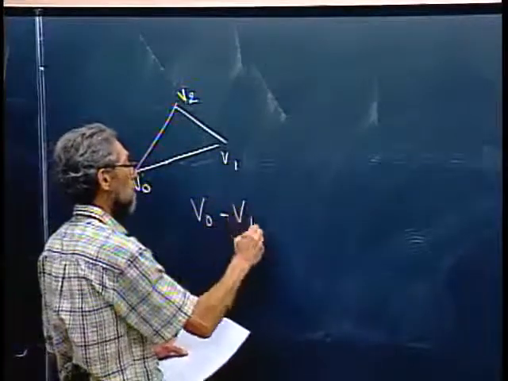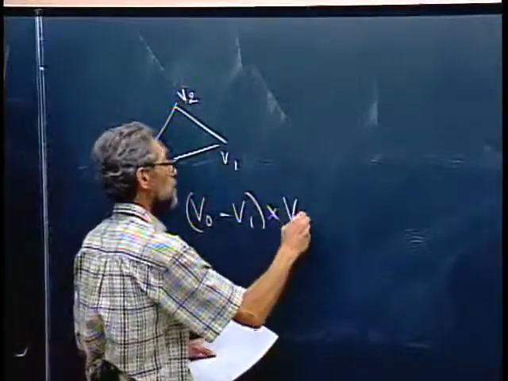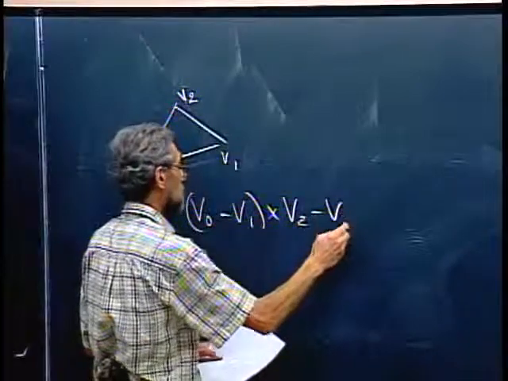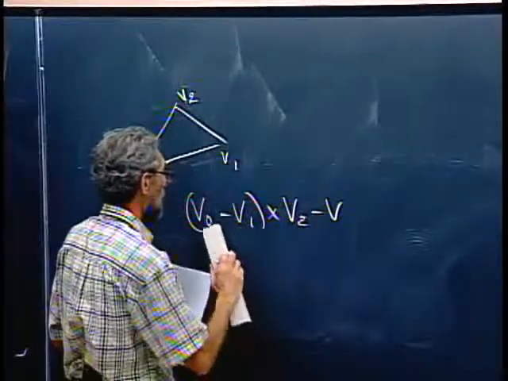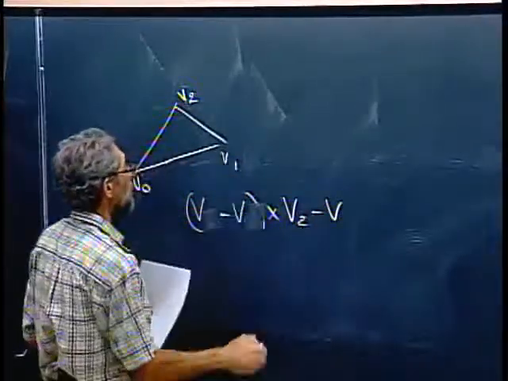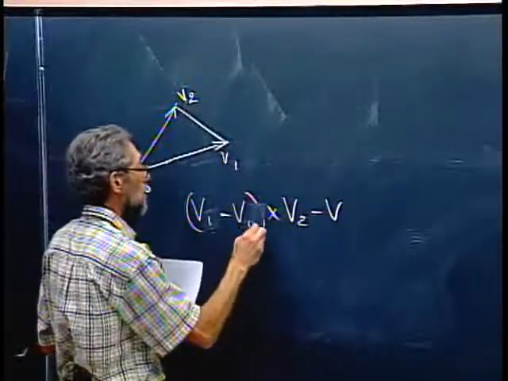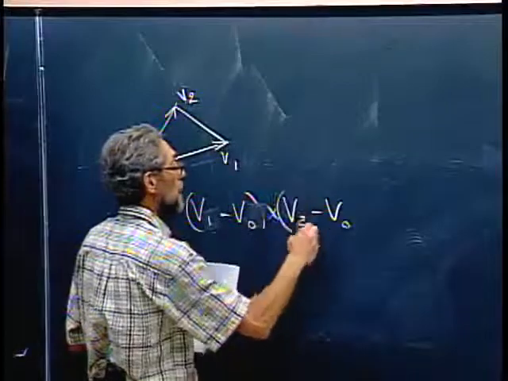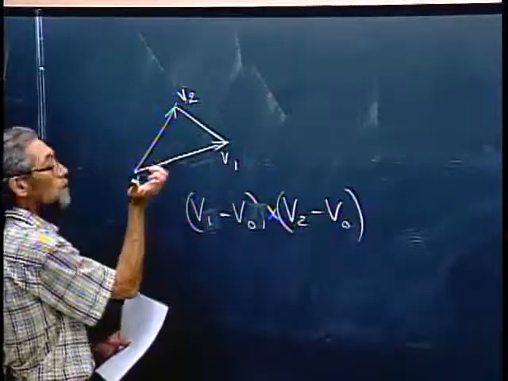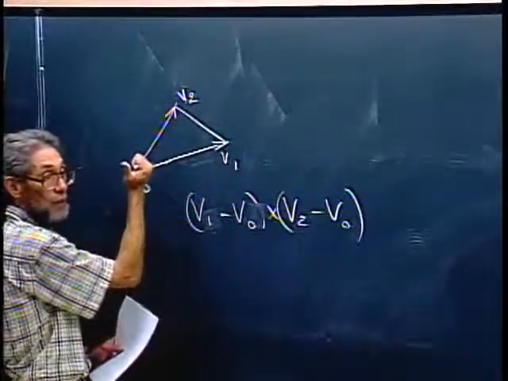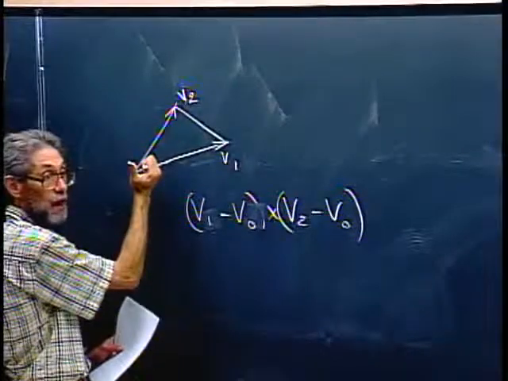I want to think of the vectors as going this way and that way, so it's going to be V1 minus V0 cross V2 minus V0, and that'll point toward you, away from the blackboard in this case, perpendicular to the plane of the triangle.